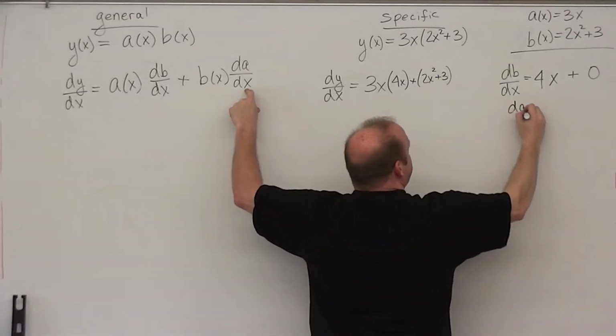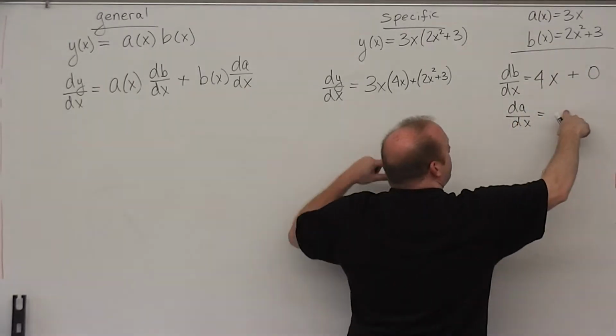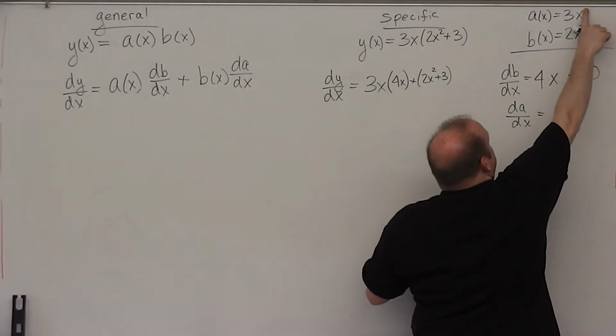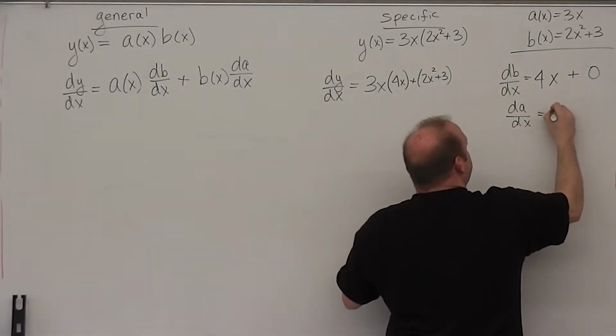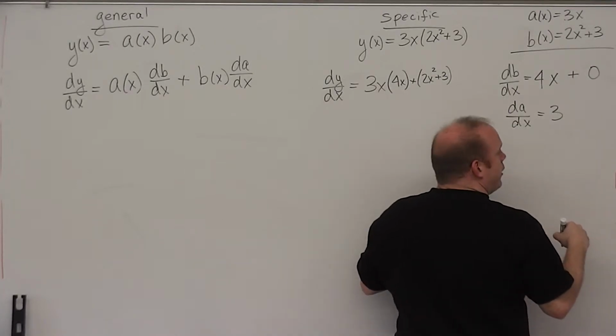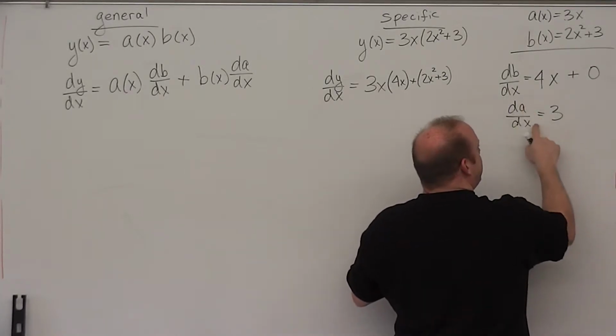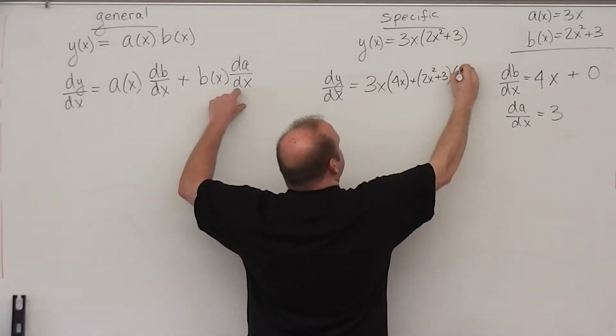So now dA dx, derivative, the implied n here is 1. So 1 times 3 is 3. To the 1 lower power, x to the 0 is 1. So dA dx is equal to 3. So now dA dx times 3.